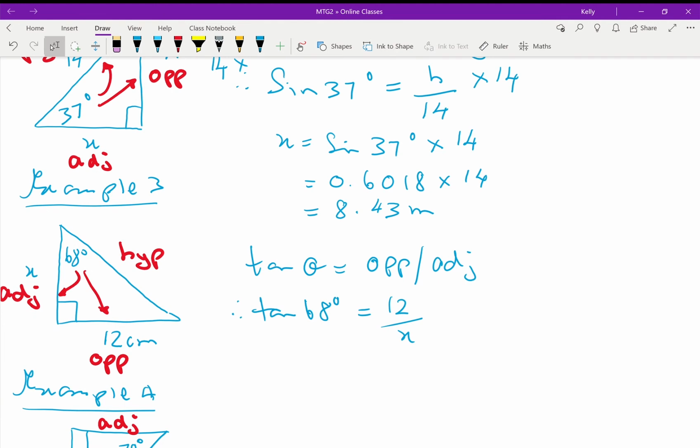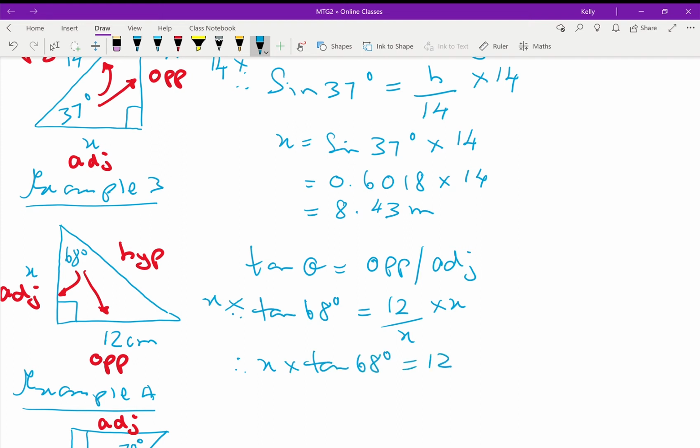Tan 68 degrees is equal to the opposite, which is 12, divided by my x. Now the x is in the wrong place. It needs to be the subject. So I need to move the x to the top of my equation, and I need to move it to the left hand side. There are 2 steps in this. First of all, I'll multiply both sides by x, and that produces x multiplied by tan 68 degrees is equal to 12.